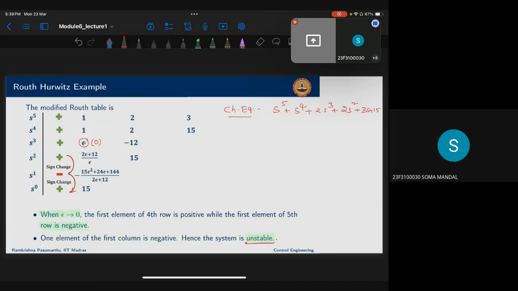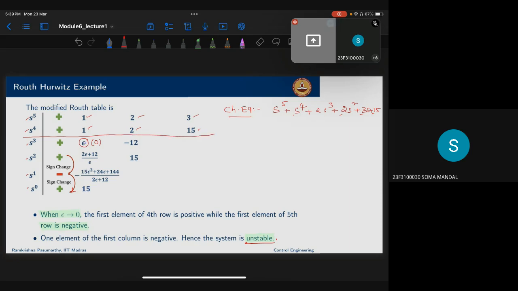Yes, sir. So we write S power 5, S power 4, S cube, S square, S power 1. 1 here, then the next coefficient here, and so on. Clear? Any query? That is how we form the first 2 rows.